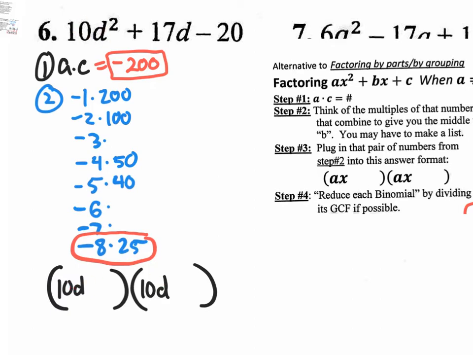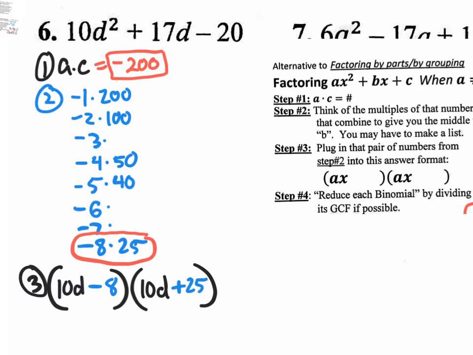But we're doing this, and later on when we reduce, we're going to eliminate one of those 10s. Anyhow, what do we do with the pair of numbers from step 2? We plug them in. So it's really 10d minus 8 and 10d plus 25. That was step 3, guys, plugging it into your answer format.